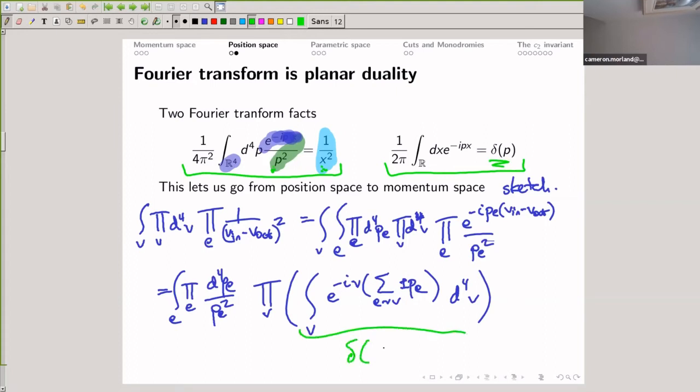This is going to be delta of that sum, but that's exactly the momentum conservation at the vertices. So that's kind of nice. The moral of this story is that Fourier transform is planar duality, and it's as simple as that when you're in 4 dimensions.